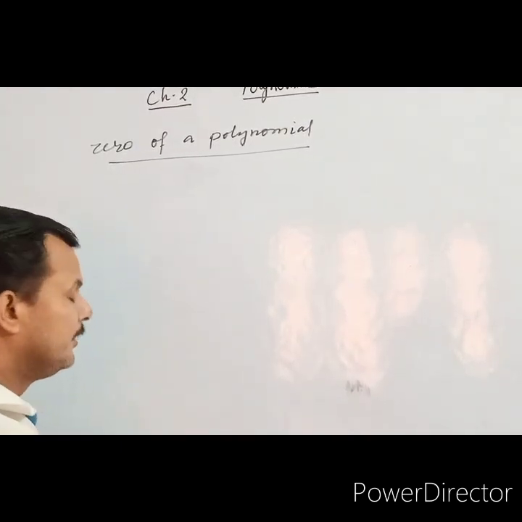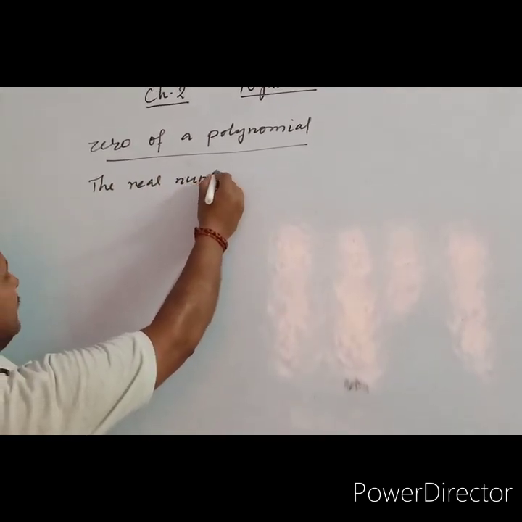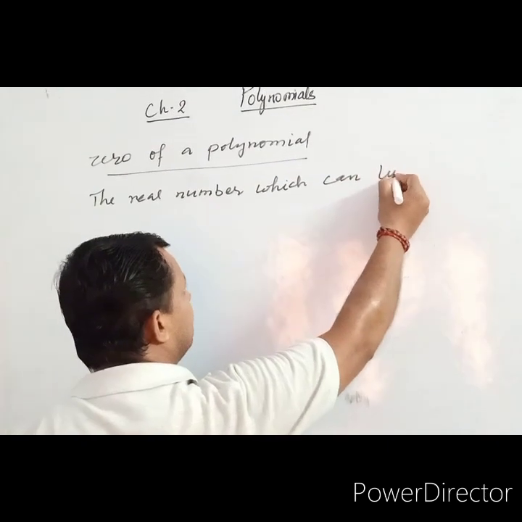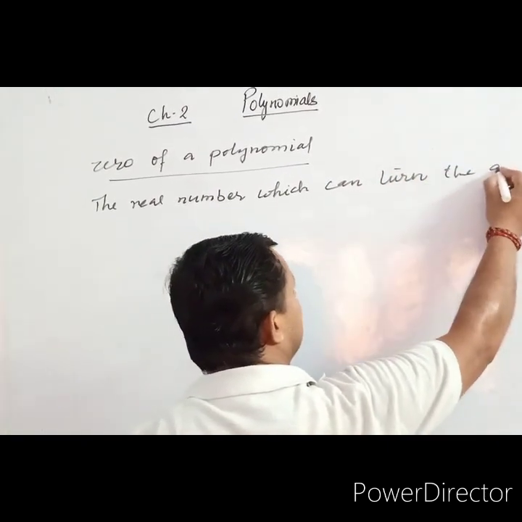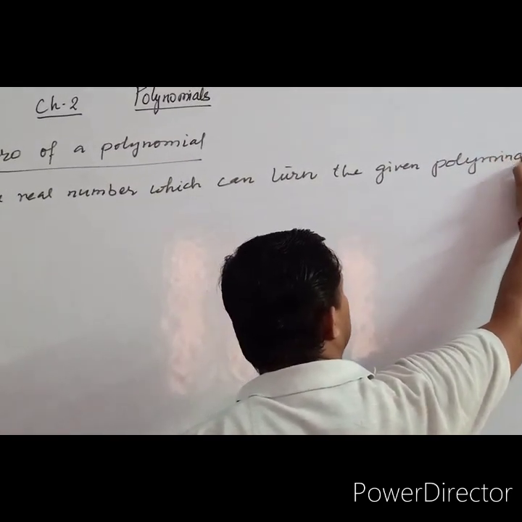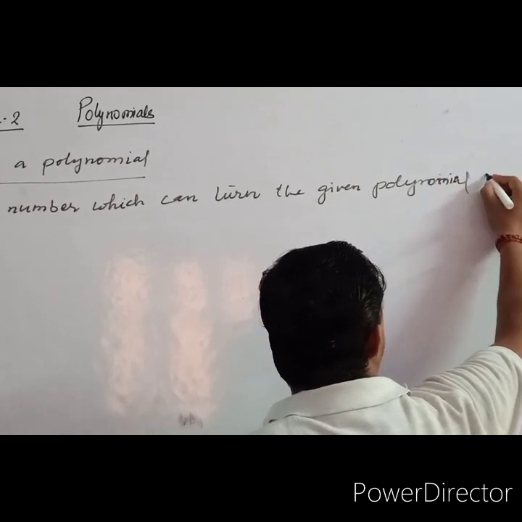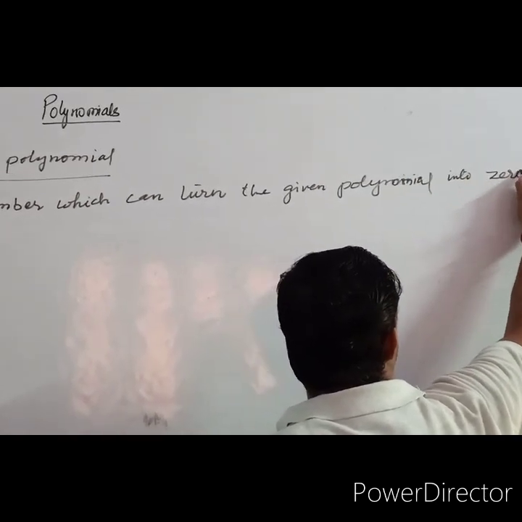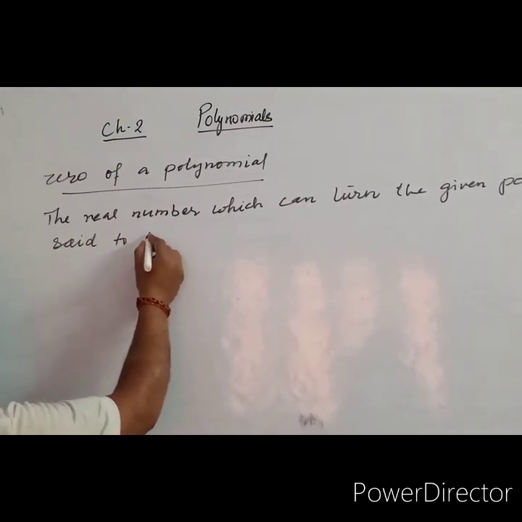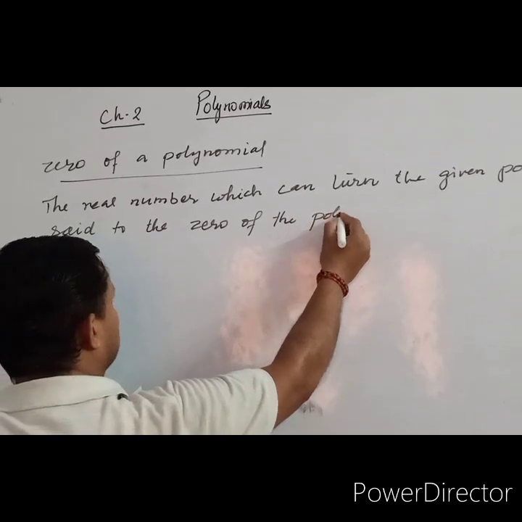The real number which can turn the given polynomial into zero is said to be the zero of the polynomial.